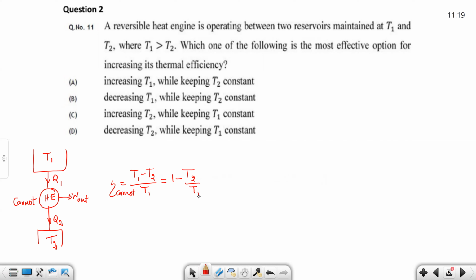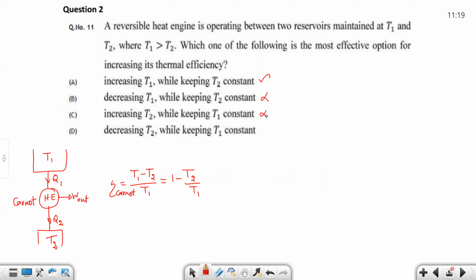Now let us see. Increasing T1 while keeping T2 constant will increase the efficiency, from this formula. Decreasing T2 while keeping T1 constant will also increase the efficiency.